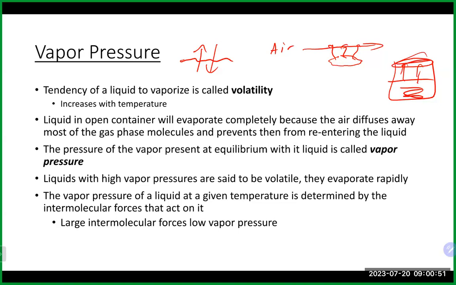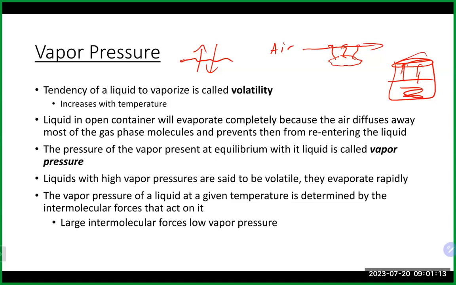So the gas molecules above a liquid is what is known as the vapor pressure, and it is related to intermolecular forces. Things with really low or weak intermolecular forces will have a higher vapor pressure.